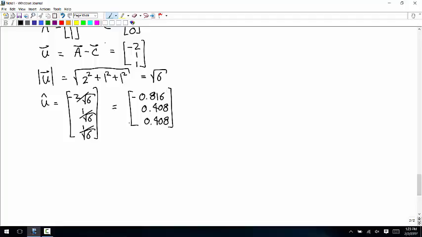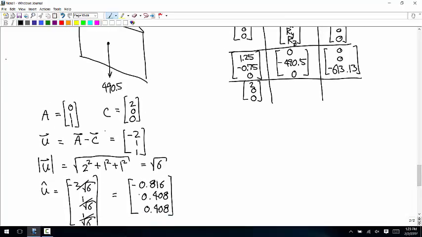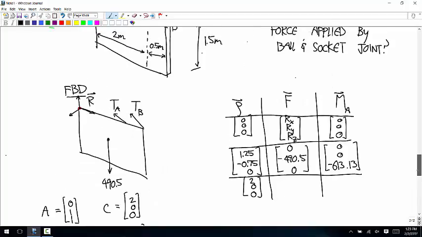Okay, so that's a unit vector in the direction of that force. And so that means that the force is this unit vector times our force variable TA. So negative 0.816 TA, positive 0.408 TA, positive 0.408 TA.